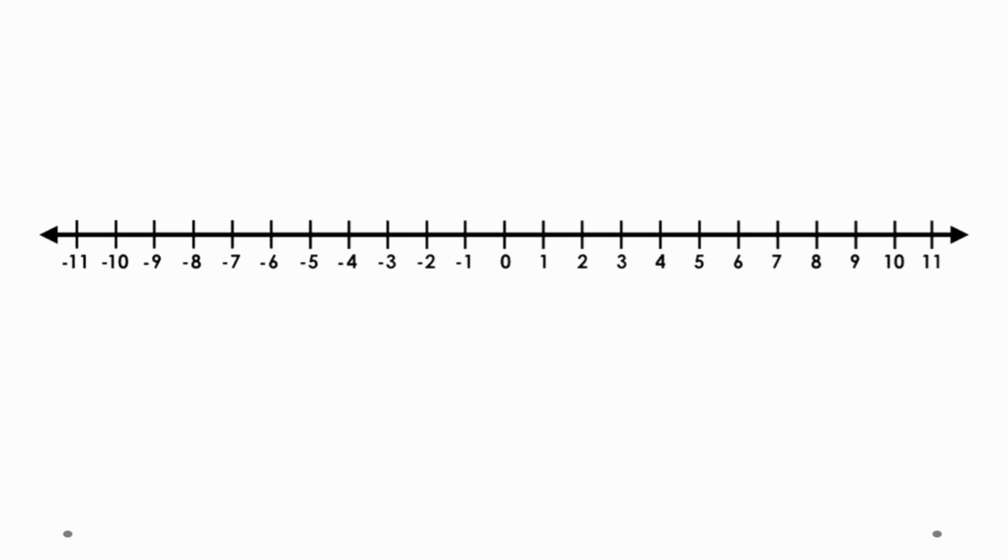Addition using number line. Now that we know how the number line works, let's see how we add integers with the help of a number line. We also know that on a number line, integers keep getting bigger towards the right and smaller towards the left. Now let's see how we can represent the expression 4 more than 2 on the number line. In other words, we have to add 4 to 2.